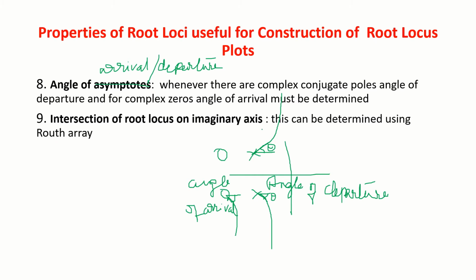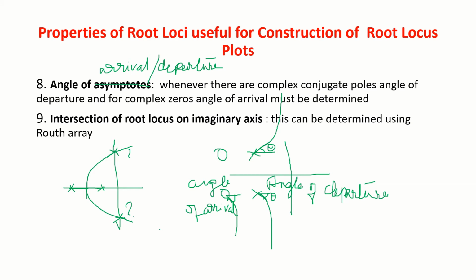Intersection of root loci and the imaginary axis. Probably you have a root locus like this, this coming this way, this coming this way, and the root locus goes like this. So it cuts the imaginary axis. Where exactly does it cut?